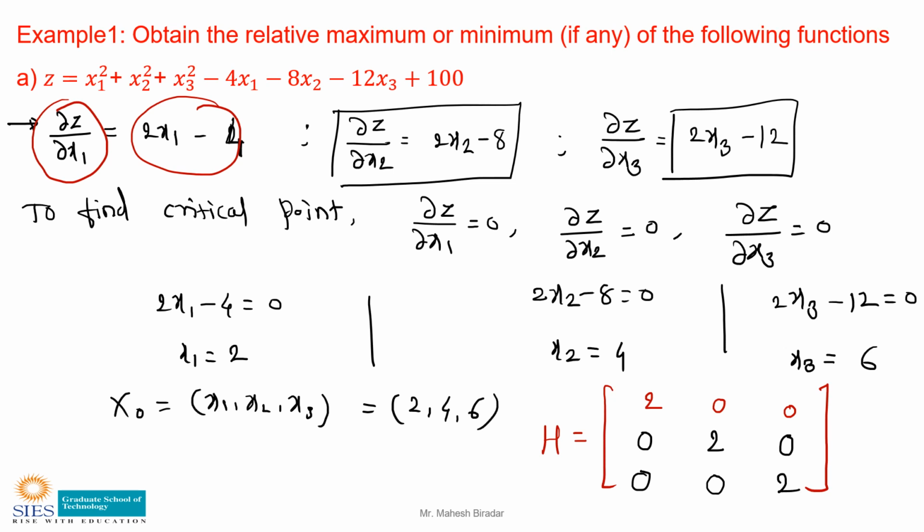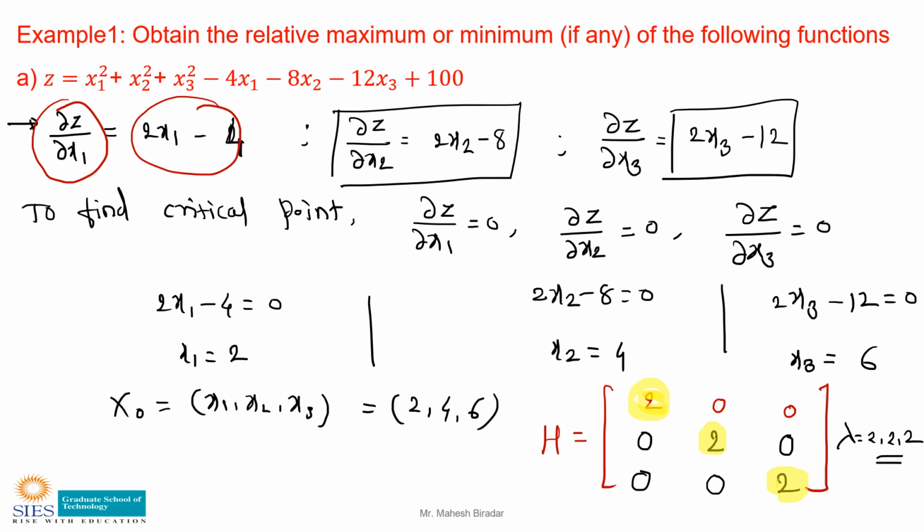Now from the Hessian matrix, just now we have seen all the diagonal elements are 2, 2 and 2, and this is a diagonal matrix. So its eigenvalues are 2, 2 and 2.